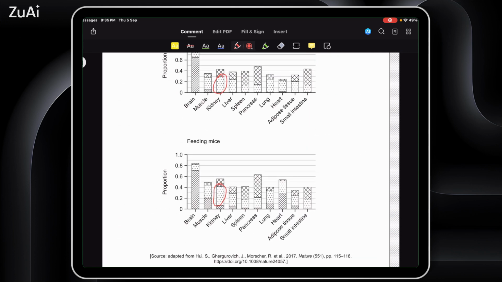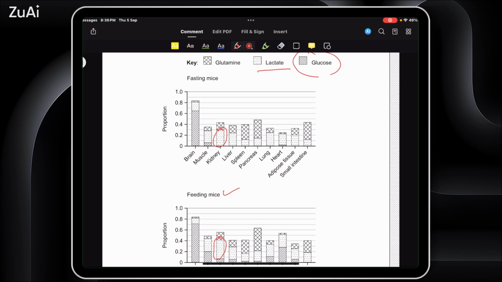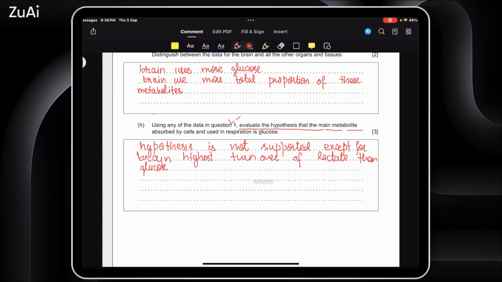Yeah, you can see in both fasting and feeding, the lactate is higher than glucose. That's the answer.